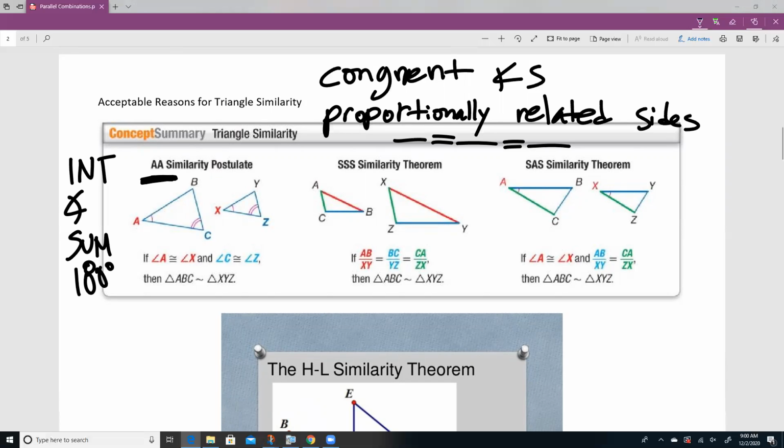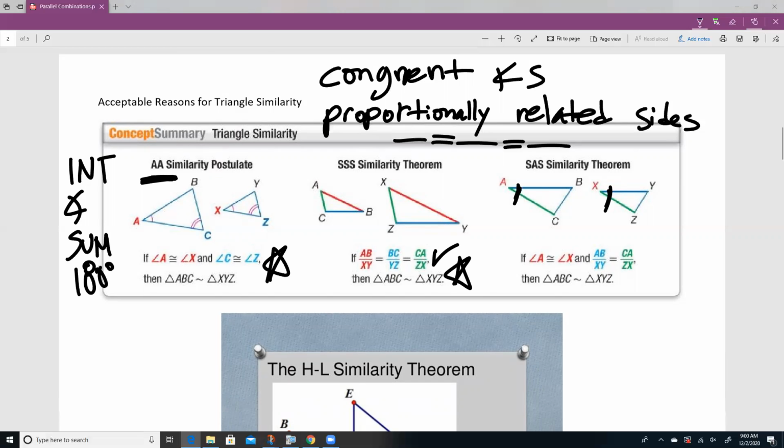Now, if you know all the sides of both triangles and you can set up a similarity statement where we have those proportions, then we can prove them similar. So you either need to know all the angles, which is over here, or all the sides, over here, or a combination. Now, the combination has to be very specific. You'll have to notice that we know angle A, right here, and angle X are congruent.